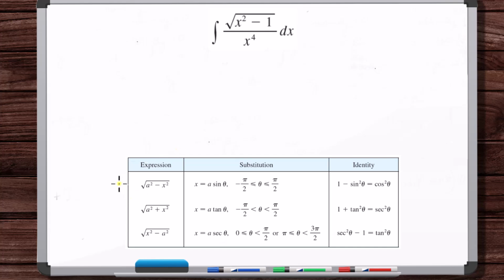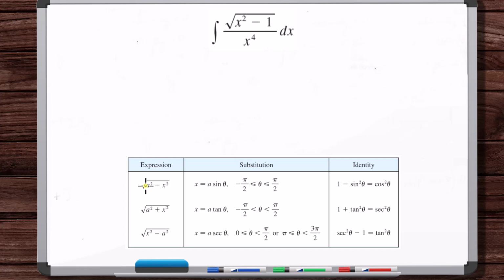And so you've got three options. You're going to make one of these three trig substitutions, and this covers all possible scenarios of an x squared plus or minus a squared or a squared plus or minus x squared. So here's a squared minus x squared, here's a squared plus x squared, here's x squared minus a squared.